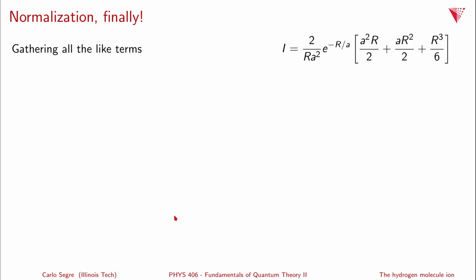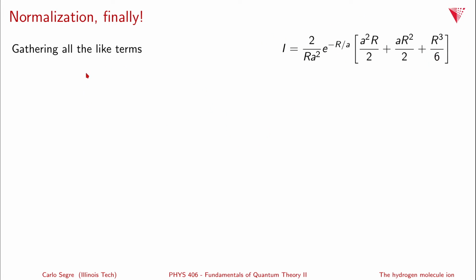When you gather all these terms, it's a long integral, you get that the integral I is equal to 2 over capital R a squared e to the minus capital R over a times a squared capital R over 2, plus a capital R squared over 2, plus capital R cubed over 6. And that's the final value of this integral.